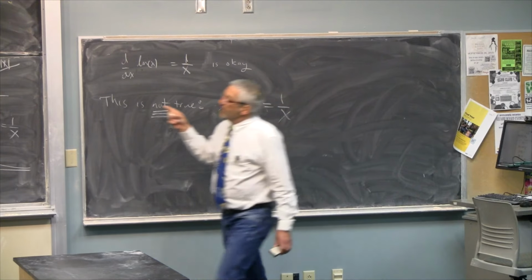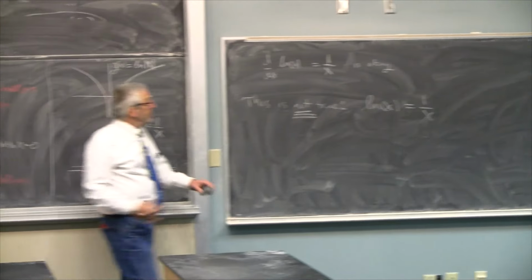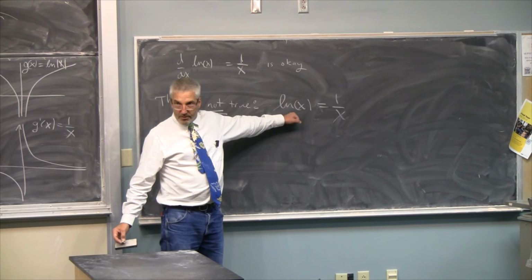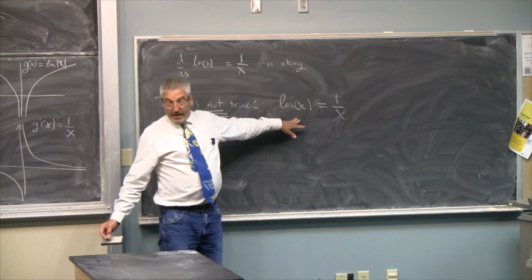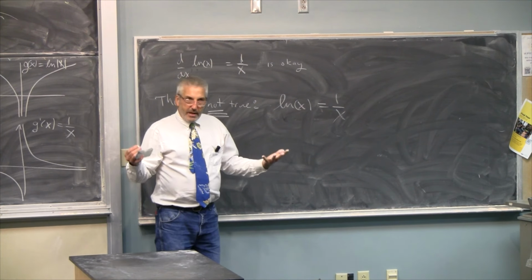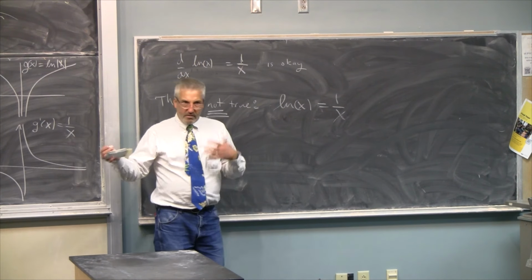You can see the ln of x function is not the same as the 1 over x function. But trust me, if you write this over and over again, you'll start to believe it. I've seen thousands of papers where students, in the middle of some calculation where there's an ln of x, will just replace it with a 1 over x, as if it's the same thing.